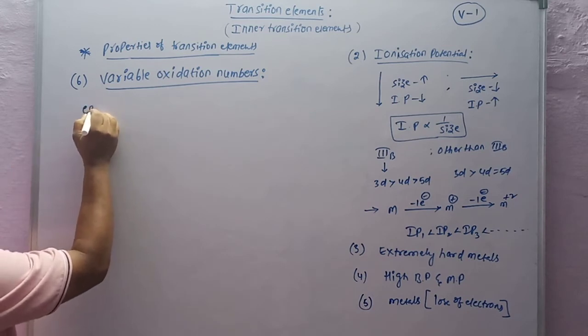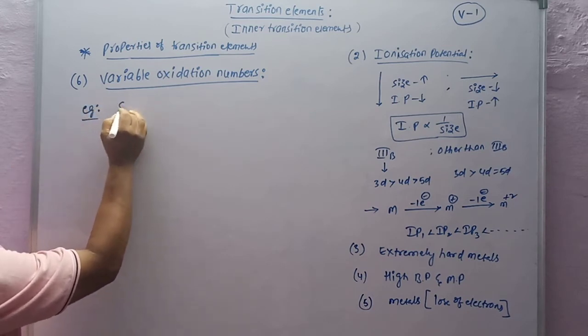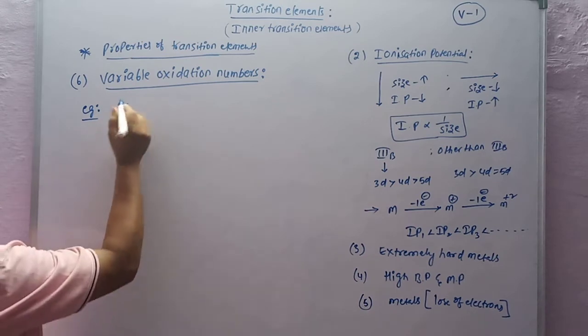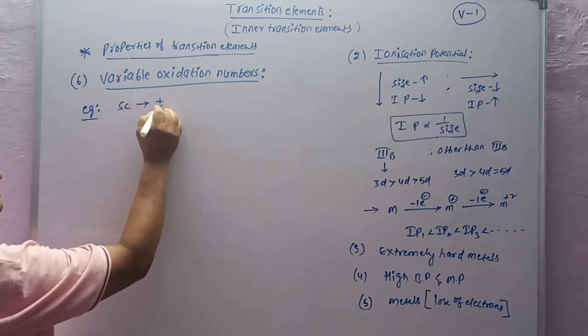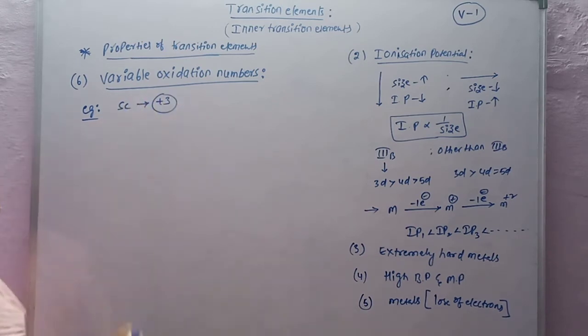For example, scandium. Scandium exhibits only one oxidation number, that is +3. So scandium does not show variable oxidation numbers.